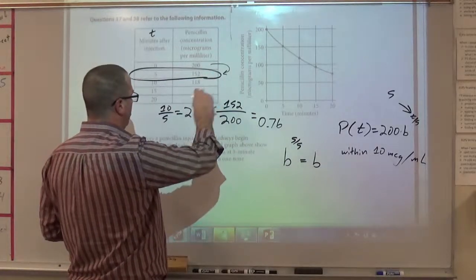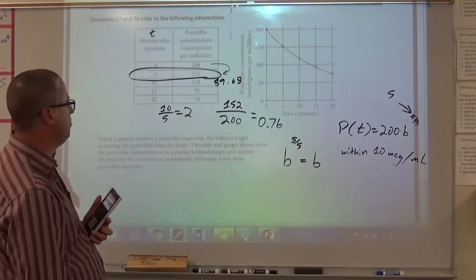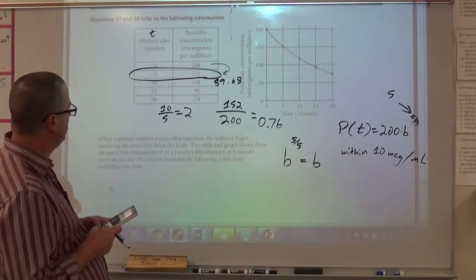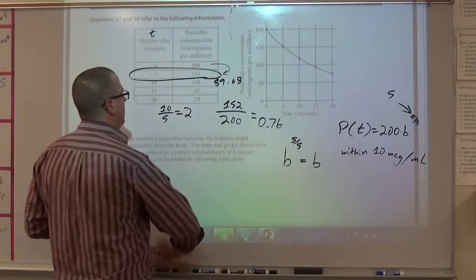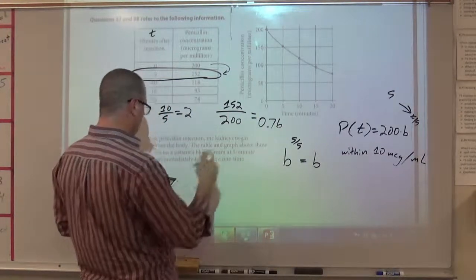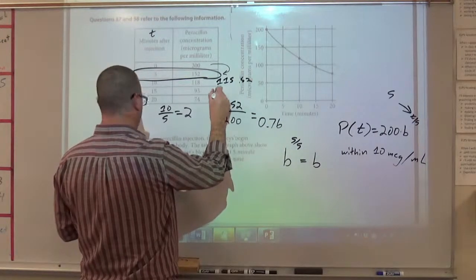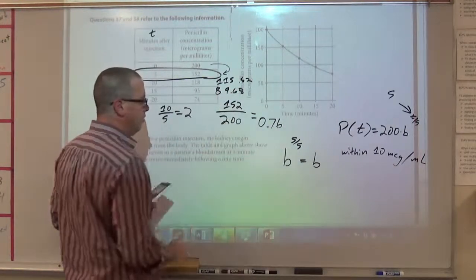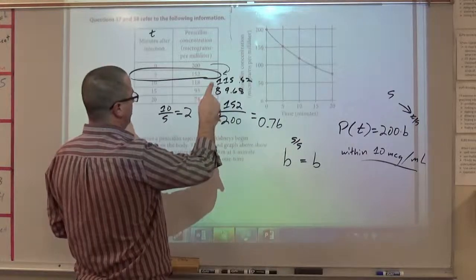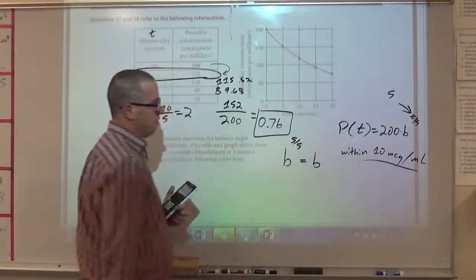So when I multiply this one by 0.76, actually, I did that. 152 times 0.76 gives me 115.52, and this one gives me 89.68. And this said within 10 micrograms, so this is within 10, that's within 10. So that means B is going to be around 0.76.